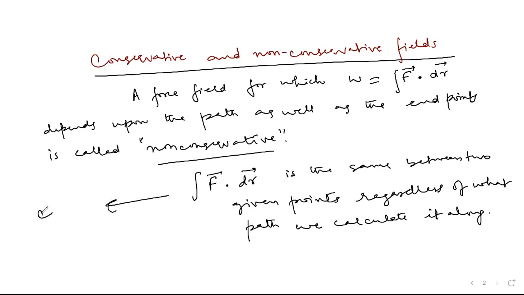This is for conservative fields, right? So in conservative force field, this integral F dot dr, this line integral, is the same between two given points, regardless of what path we calculate it along. So this integral for conservative fields is path independent. It is fixed for two given points. For example, gravitational field is a conservative field, right?